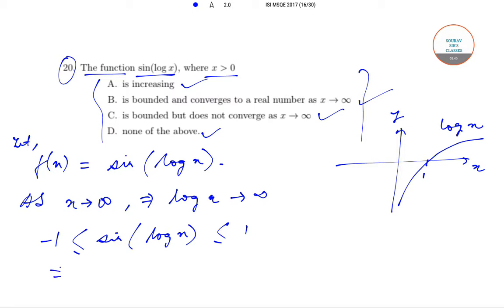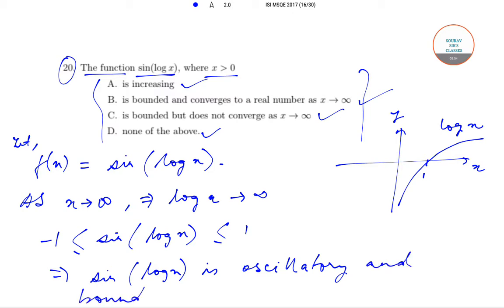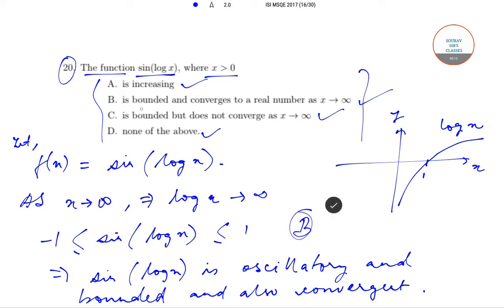So this means that sine of log of x is oscillatory and bounded, and also convergent to a real number. So as you can see, this implies that option B, where it has been said that the function f of x is bounded and converges to a real number as x tends to infinity, is the correct option.